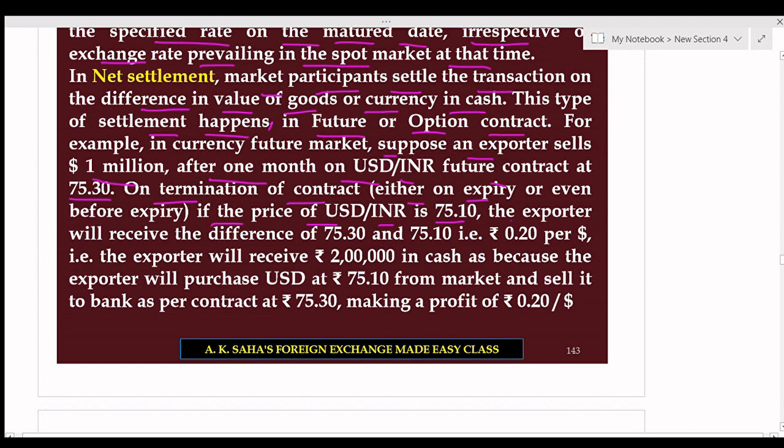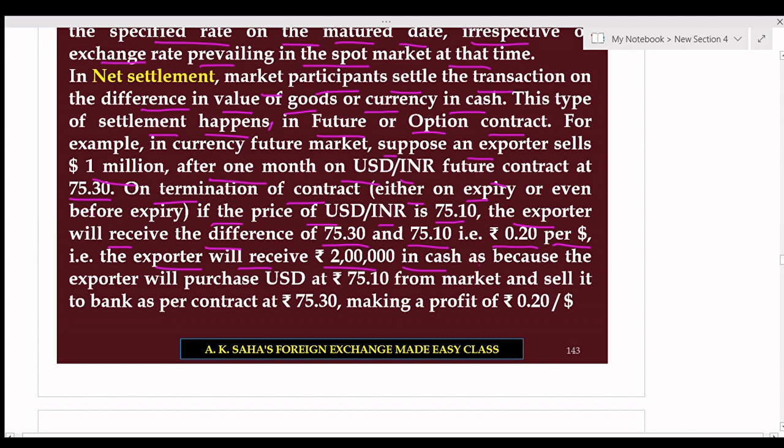On termination of the contract, either on expiry or even before expiry, if the price of USD INR is 75.10, the exporter will receive the difference of 75.30 and 75.10, that is rupees 0.20 per dollar. That is, the exporter will receive 2 lakhs in cash, that is $1 million multiplied by rupees 0.20 per dollar, equal to rupees 2 lakh.